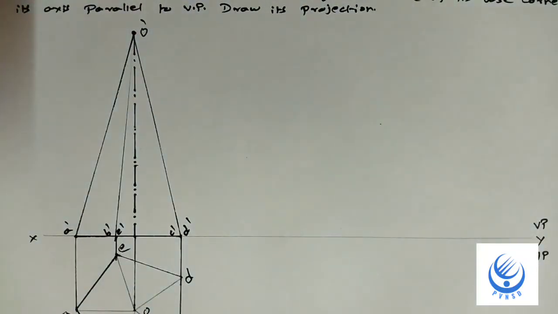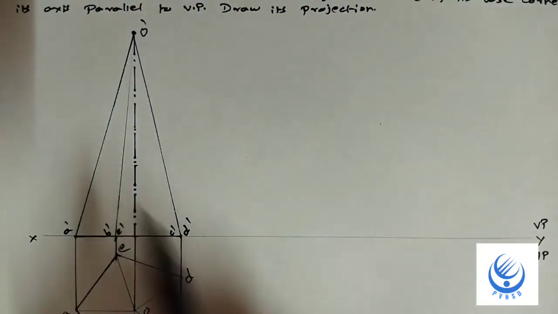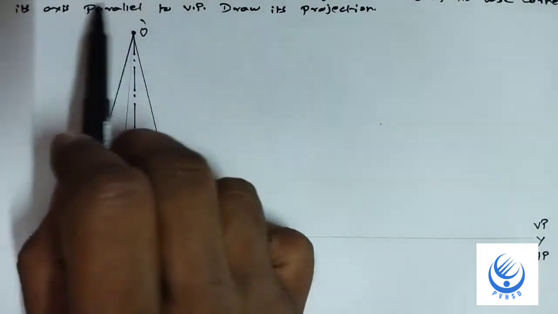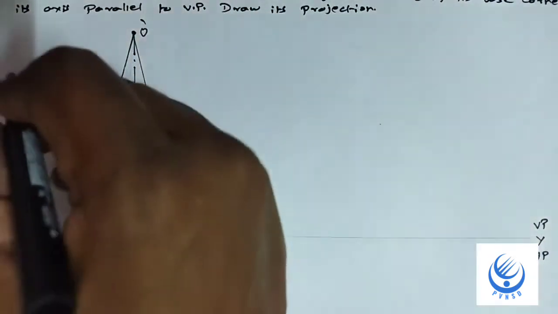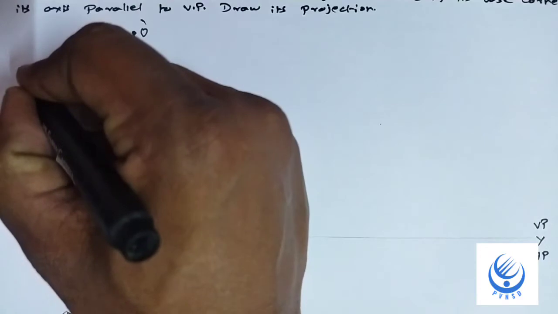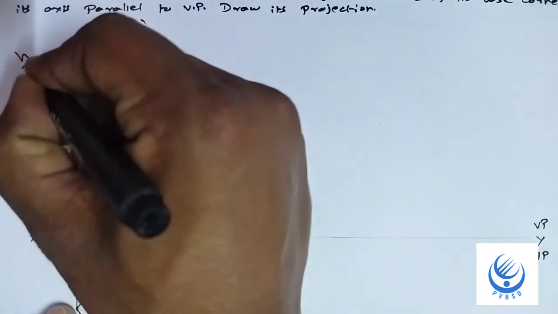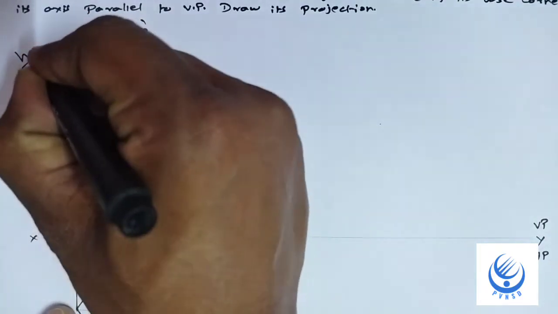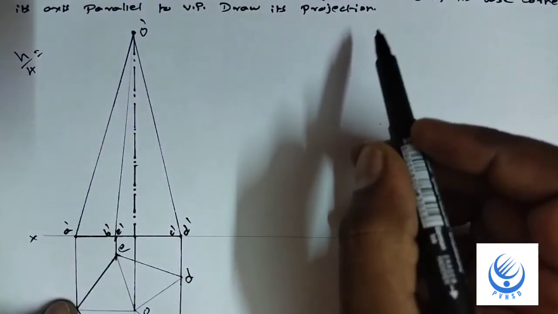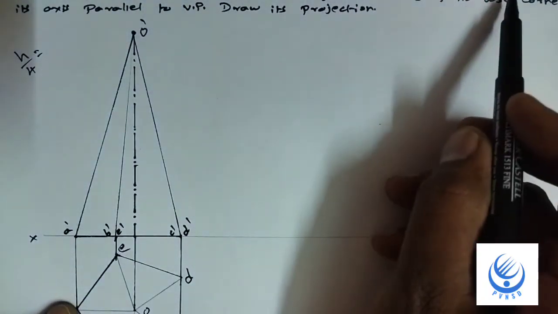Next, in this problem, freely suspended. Freely suspended means using a formula. This formula is h by 4. H by 4, where the height is 90 mm.